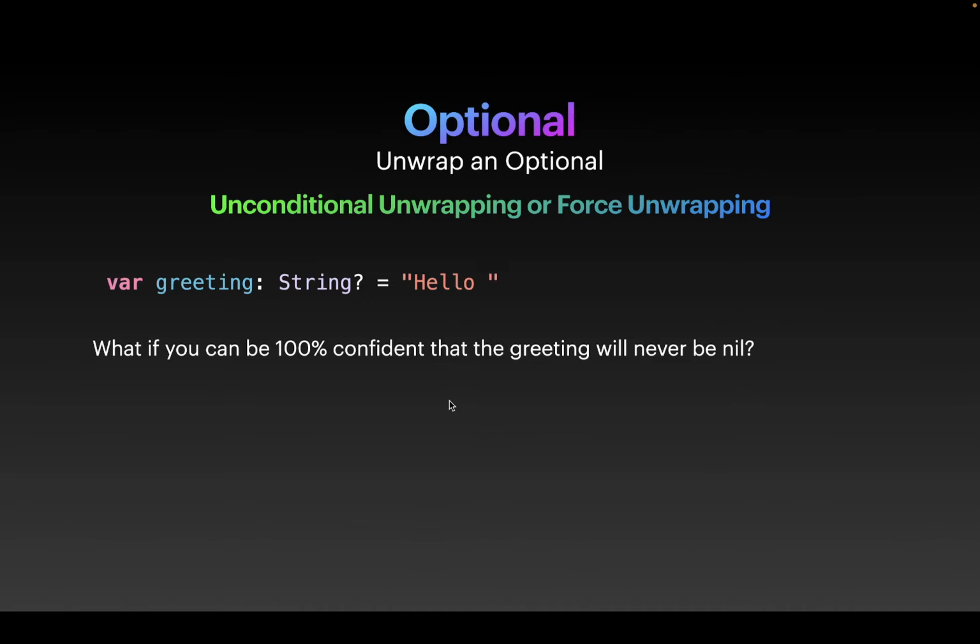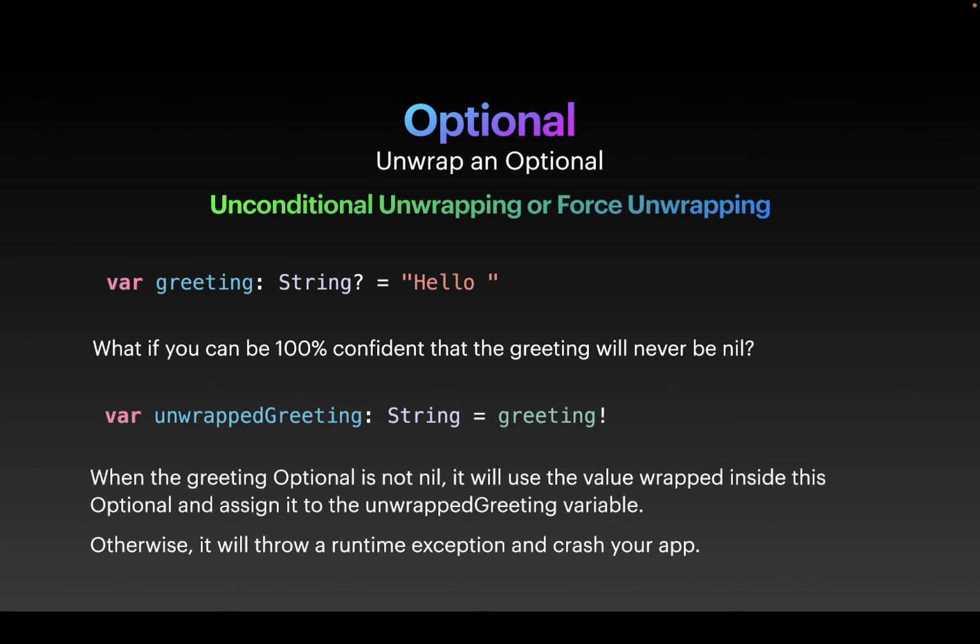Even though the type is declared as an optional, I know it's never going to be nil, it always has something. In this case, you can do something like that. You can see greeting with an exclamation mark, just force unwrapping this thing. Just say, I don't care whether there's actually something inside, I'm just going to use the data.